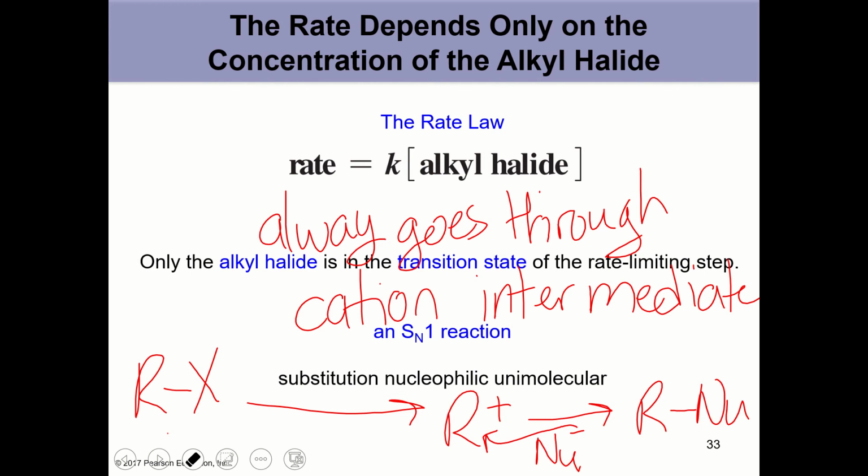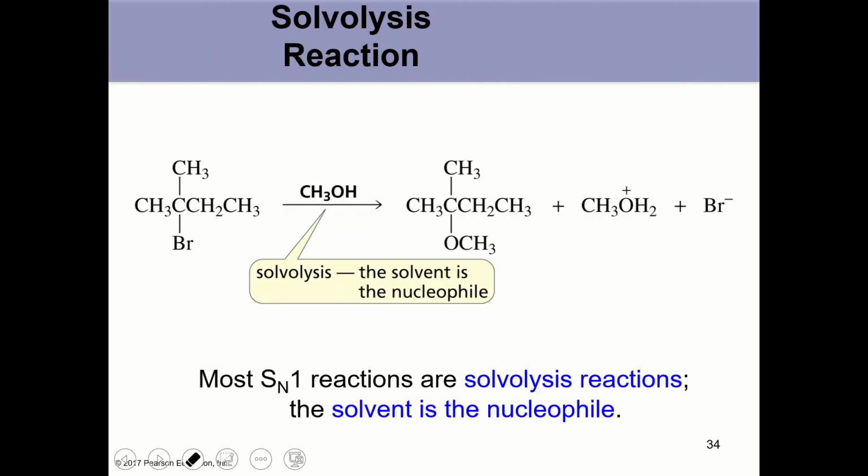So it always occurs through a carbocation intermediate. Here we go. SN1 reactions often occur by solvolysis, and in a solvolysis reaction, the solvent used to dissolve the starting material is often also the nucleophile of the reaction.